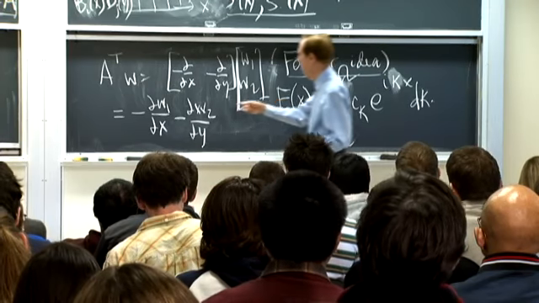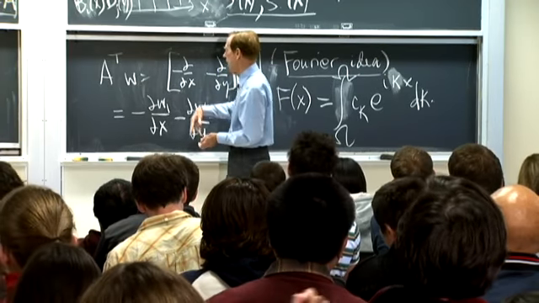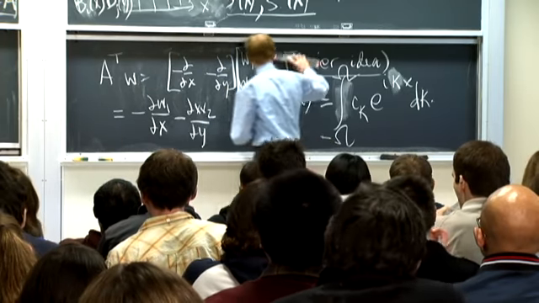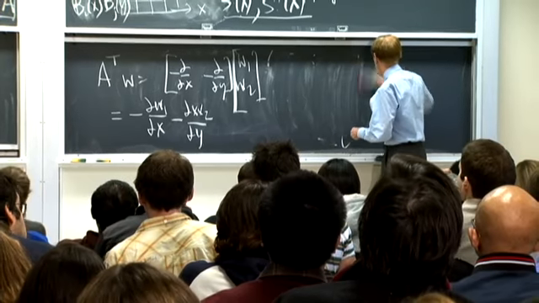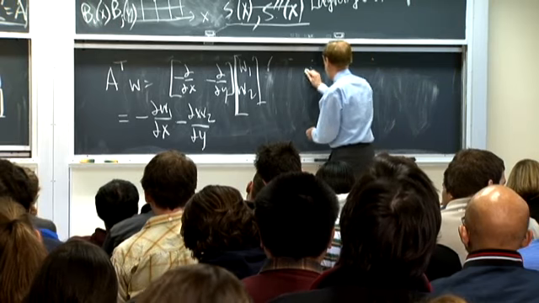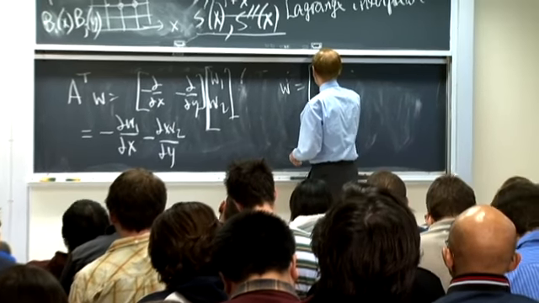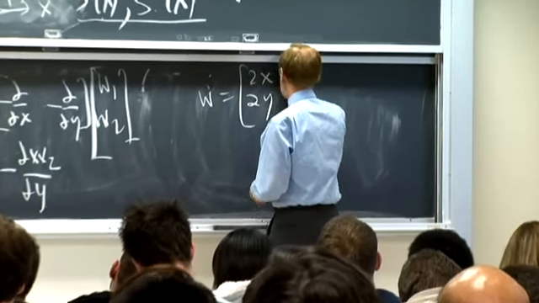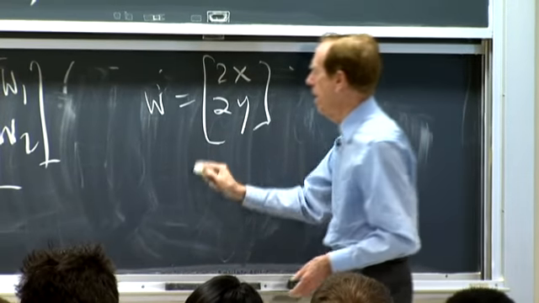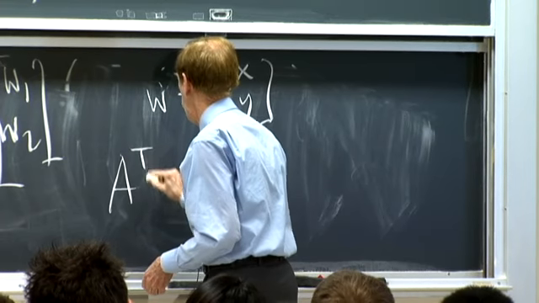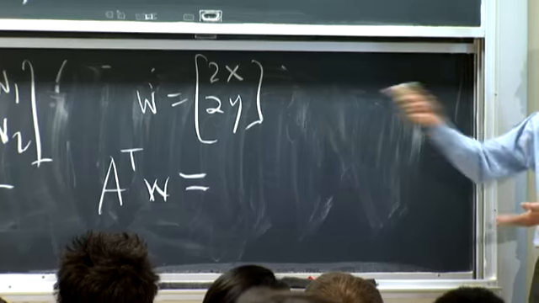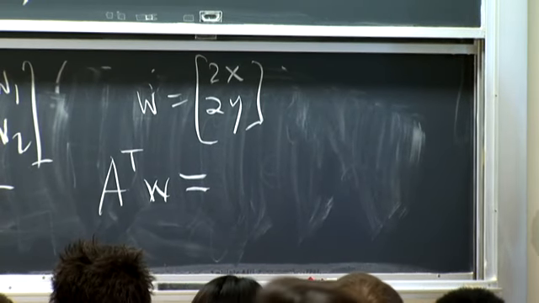What's the name of, if I take a vector field like 2x, 2y, as a specific example. Suppose W is 2x, 2y. It was multiplied by, let me take C to be 1. Then what is A transpose W?